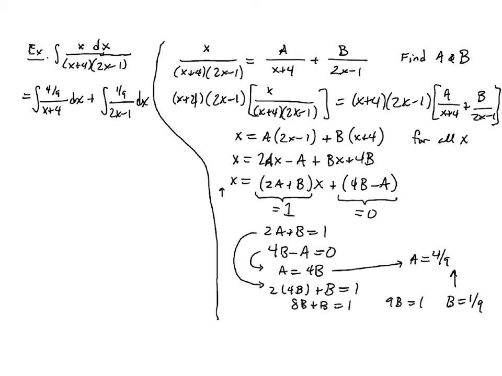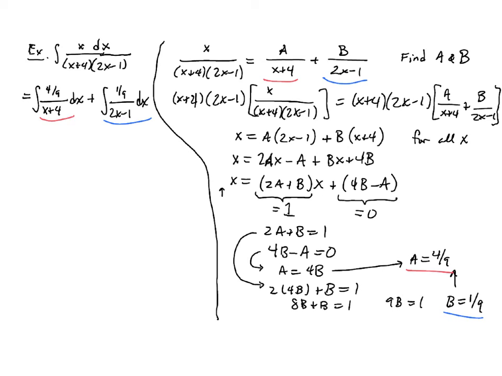So that's taking the pieces that I have from my decomposition, putting in the values for A and B, and then breaking the integral into two pieces.